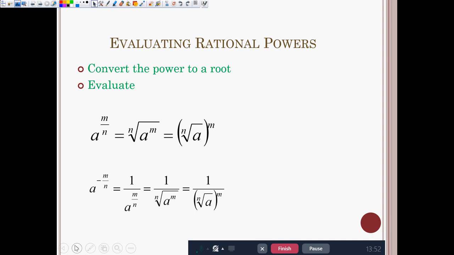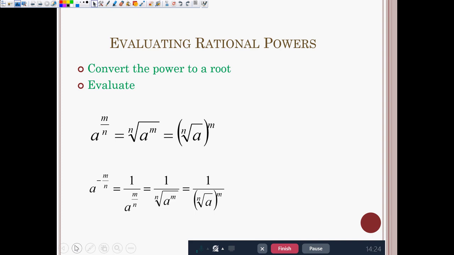Okay, so remember that if we're turning a power into a root, it can be written either way. Okay? And then if we're turning a root into a power, which we're not going to be doing for evaluating, but then, yeah. There is an exception. When you have a negative power, it becomes the reciprocal, so it goes to the bottom, which we're going to be talking more about negative exponents tomorrow, but this is just a little bit of a preview.